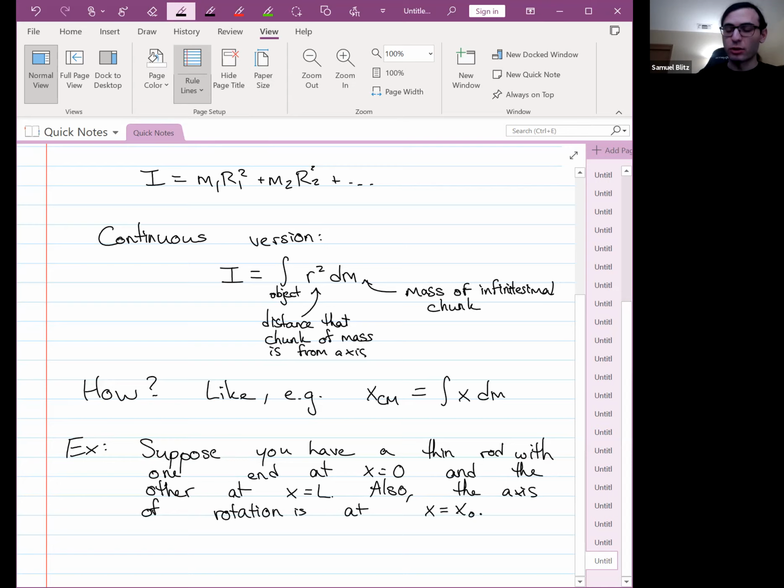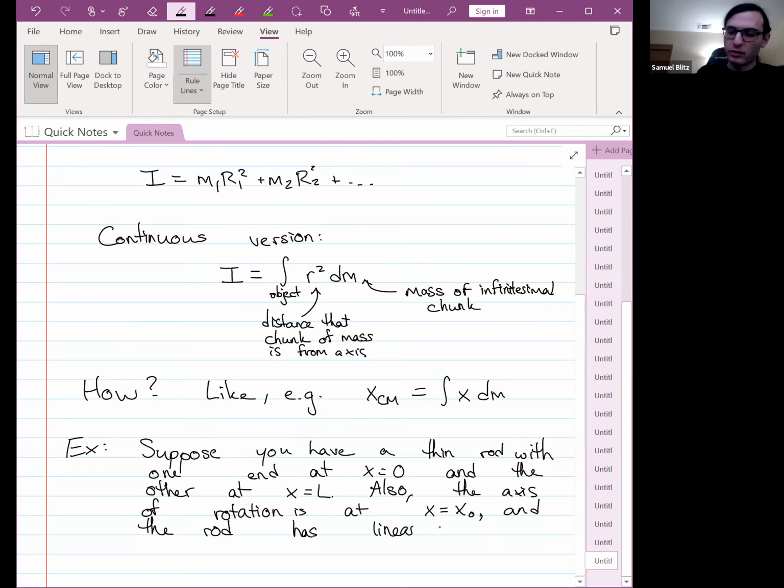It's just some particular point. Like it could be 5 or it could be -8, whatever. It's just somewhere. And so I'm putting it at some arbitrary place so that we can work out the result in general. And the rod has linear mass density.